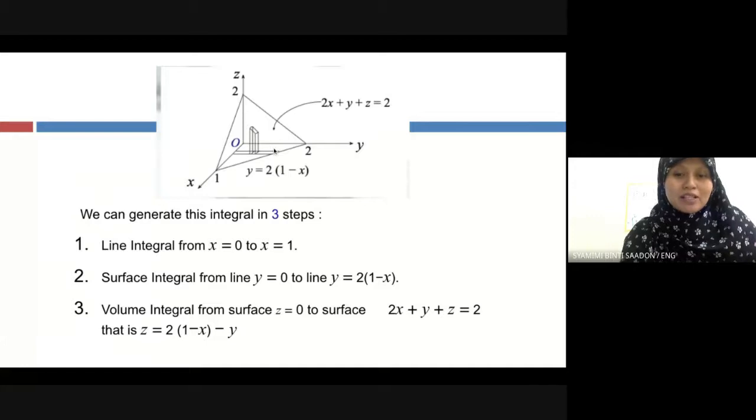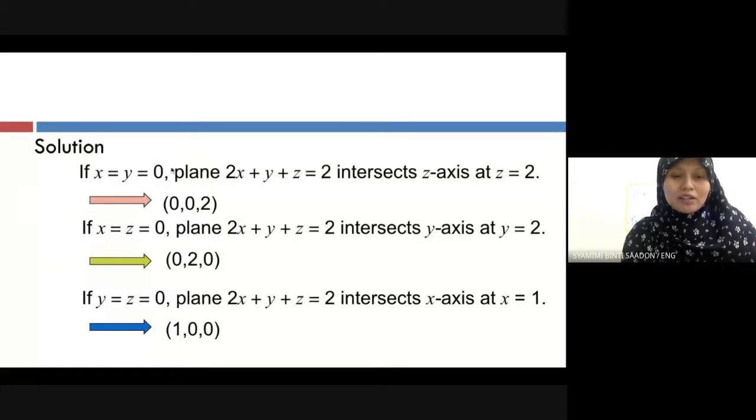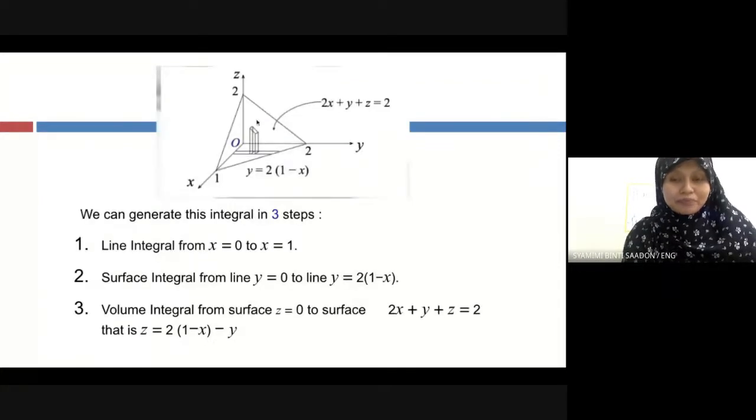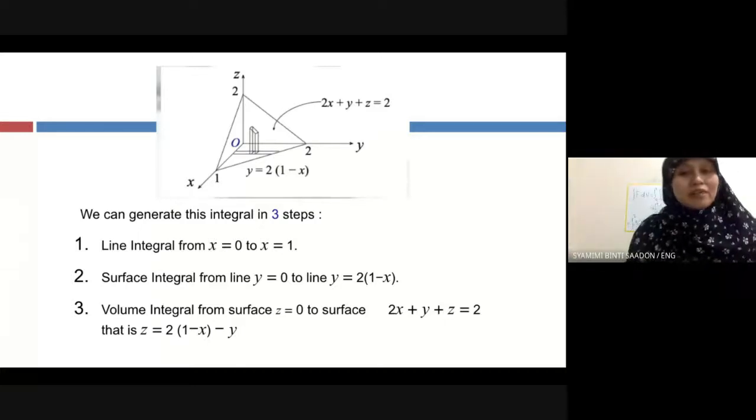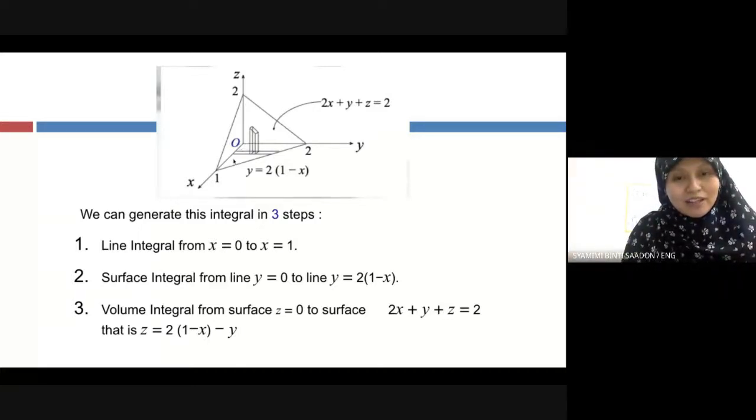By substituting x, y, 0, etc. in the plane function. And then, so when we sketch the plane, we see that the boundary for x is from 0 until 1.